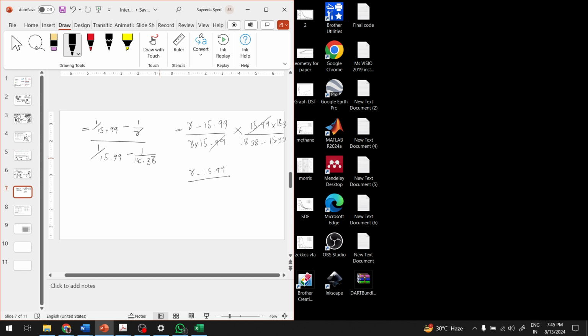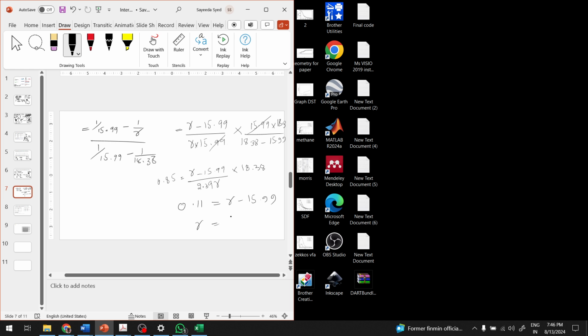2.39 into 18.38. This is 0.85. This will be 2.39 into 0.85 over 18.38. 0.11 equals gamma minus 15.99.